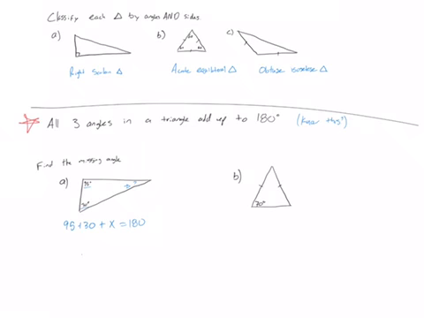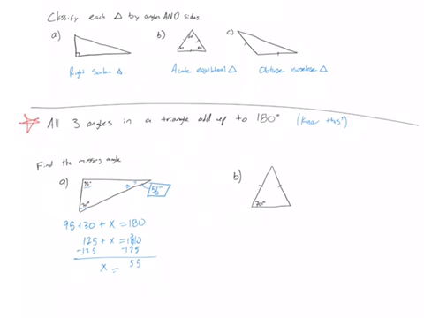Well, it's going to be 125 plus x is equal to 180. Solving this for x, I'm going to subtract the 125 from both sides. I'll have x is equal to 55 degrees. So that missing angle in here is going to be 55 degrees.